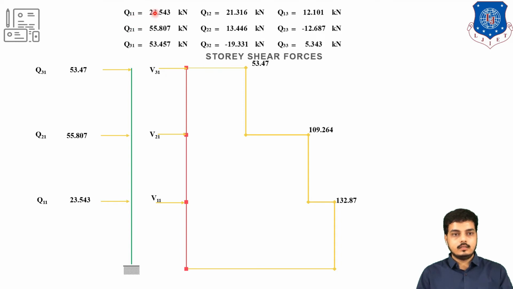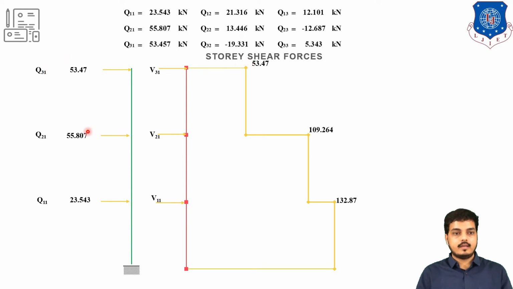So Q11 we have got 23.53, Q21 is 55.807, Q31 is 53.457. Respectively we are placing the horizontal load, and due to that we can find the story shear force. So the story shear force is 53.47 at the top, and as I said, it will be accumulated toward the bottom as we go.